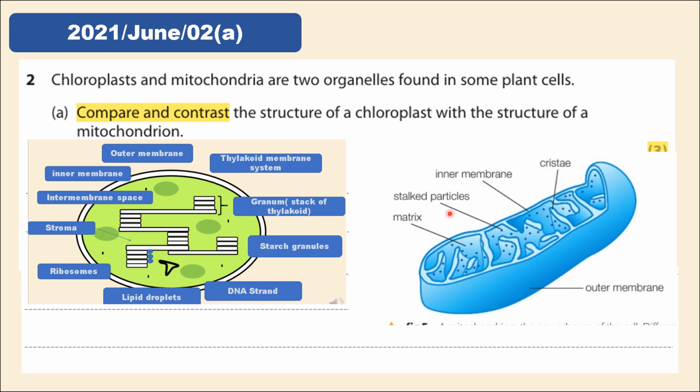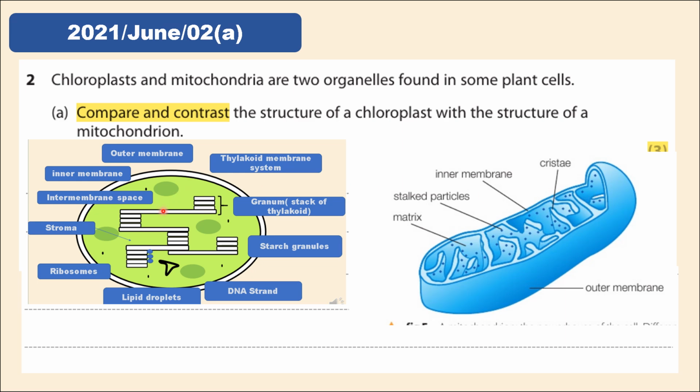Now let's look at the differences. Remember, we are focusing on structure, not function. If you look carefully, you will see that the chloroplast is specifically adapted for photosynthesis, while the mitochondrion is adapted for cellular respiration.